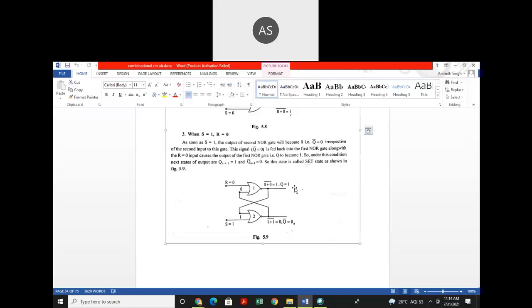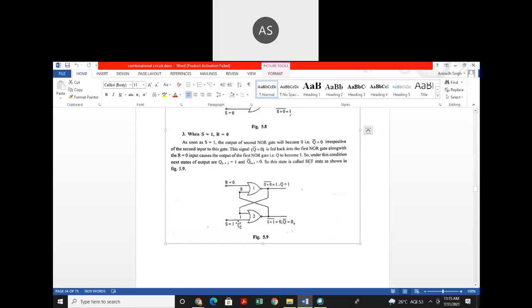If R is 0, S is 1, and the previous state Q is 0, it means that this 0 is connected to this terminal, 0 and 1, which means 0, and this 0 is connected to this terminal, 0 and 0 gives 1. The previous state is 0 and the next state will become 1.